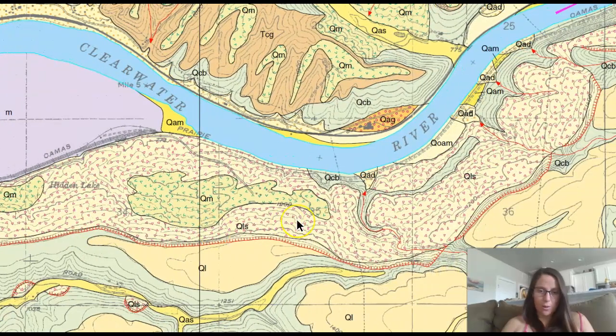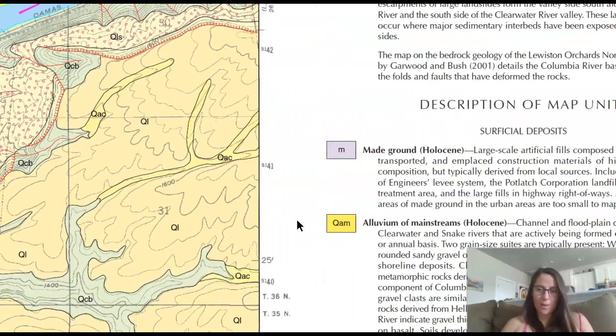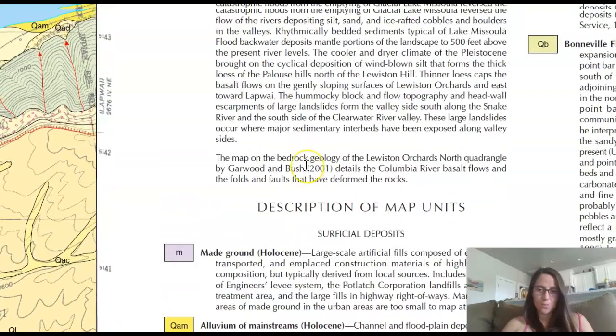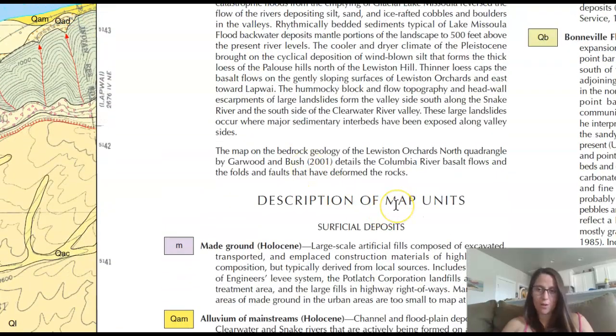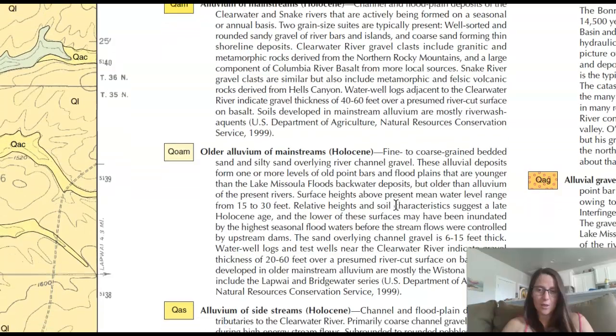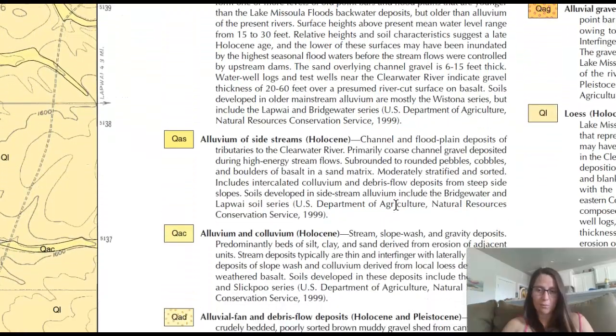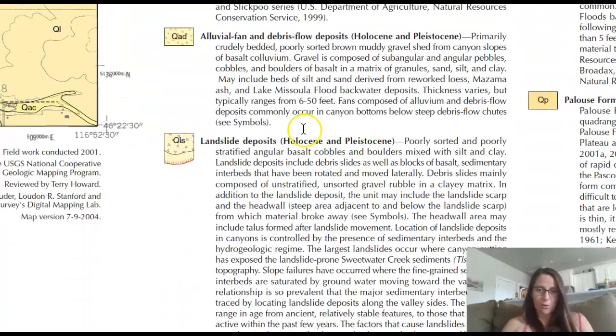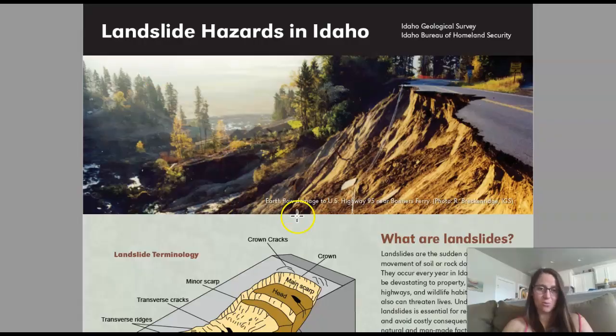So now that we know what that looks like, we can look it up in the legend. So description of map units, that's what we want, but we want to find QLS, which is again tan with red triangles. So this is tan with green or red circles. Here's QLS with tan and red triangles. So you can go ahead and respond to that question once you find it.